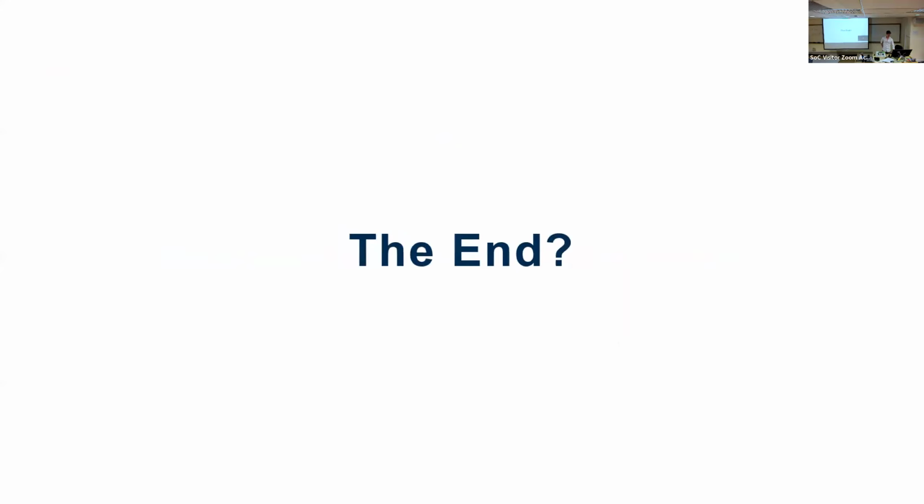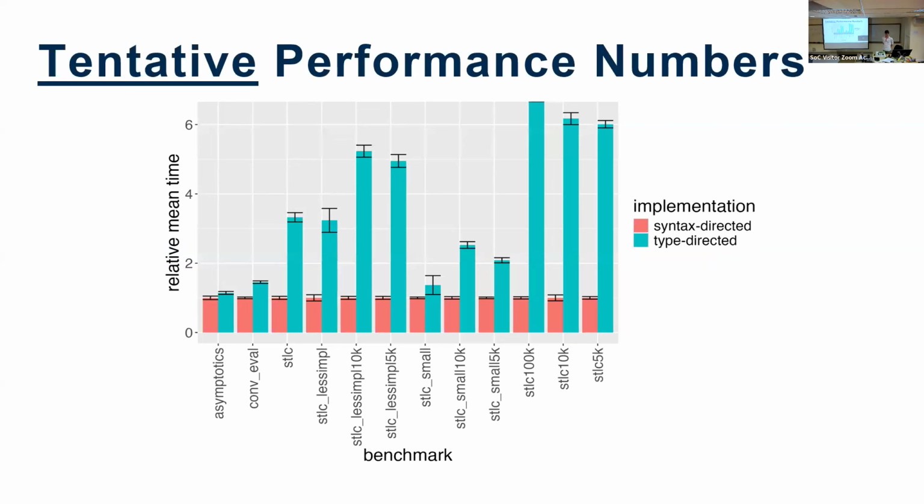No, I'm kidding. So these are the tentative performance numbers. This is definitely very much a work in progress. I did my best to keep all the optimizations, but the algorithm is non-trivial, and honestly, small tt does a lot of other things that I'm just not telling you about, like unification and elaboration and all these things, and maybe my implementation missed something.